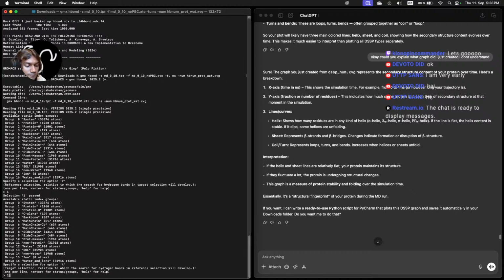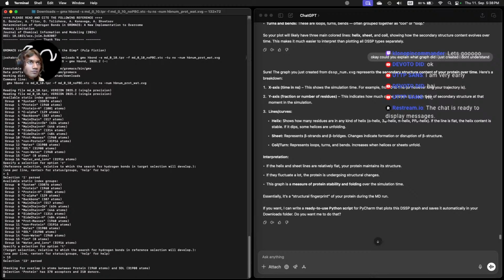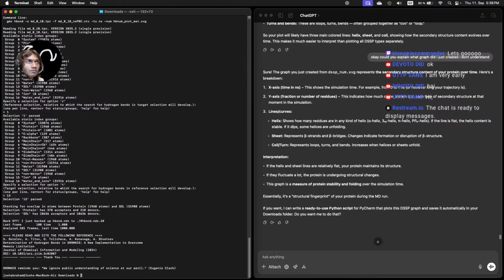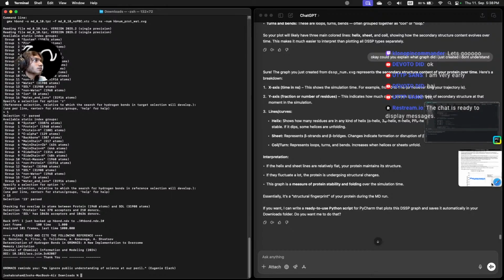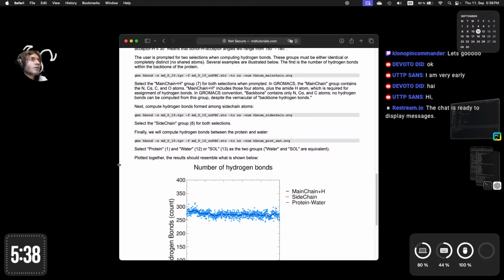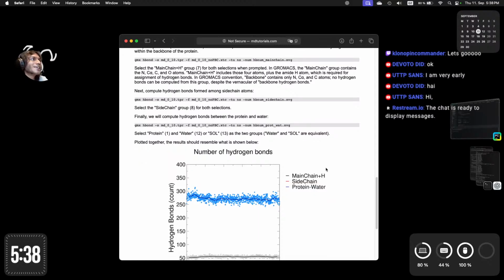Let's go 13. Plotted together, results should resemble what's shown here.